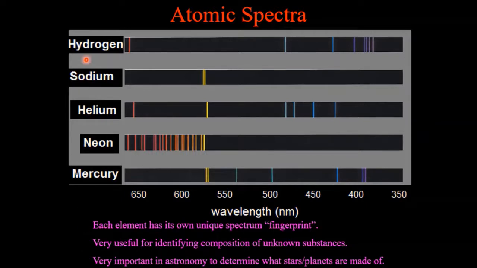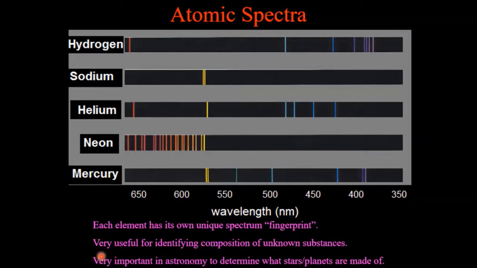Because remember, again, every single element, all 90-some elements on the periodic table, they each have their own unique fingerprint called an atomic spectrum. And in astronomy, spectroscopy is extremely important because we can actually look at a distant star in a telescope and send that light from the telescope through a spectroscope or a spectrograph and analyze the spectrum of that star from a distance, and we can tell precisely what that star is made of.